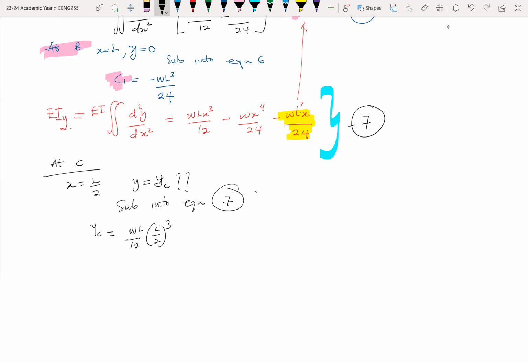Wherever I see X, I put in L over 2, okay. Minus W over 24, L over 2 exponent 4, minus W L cube over 24, L over 2.